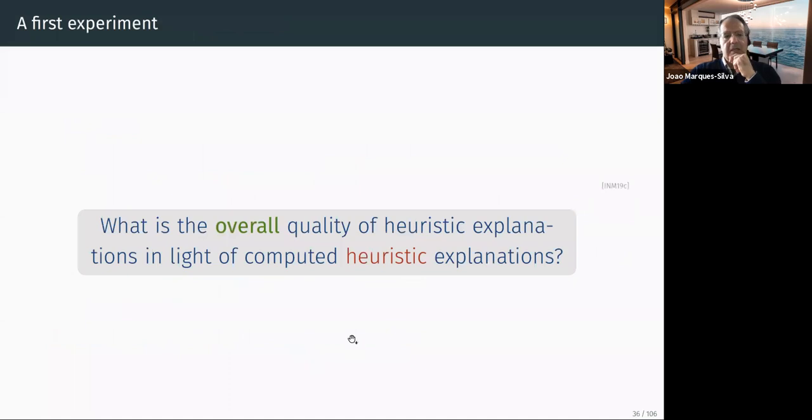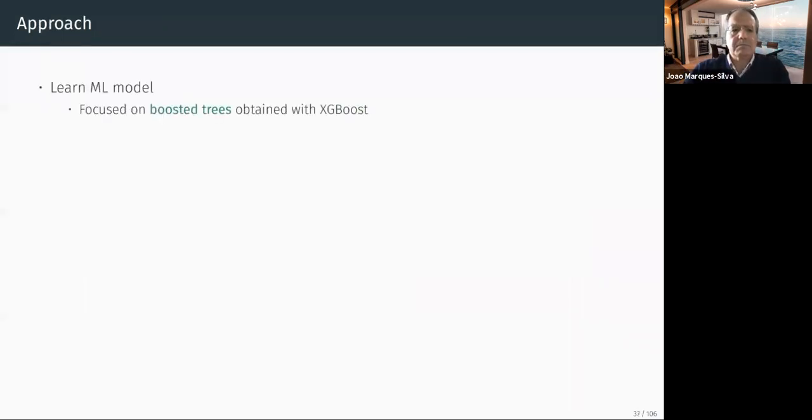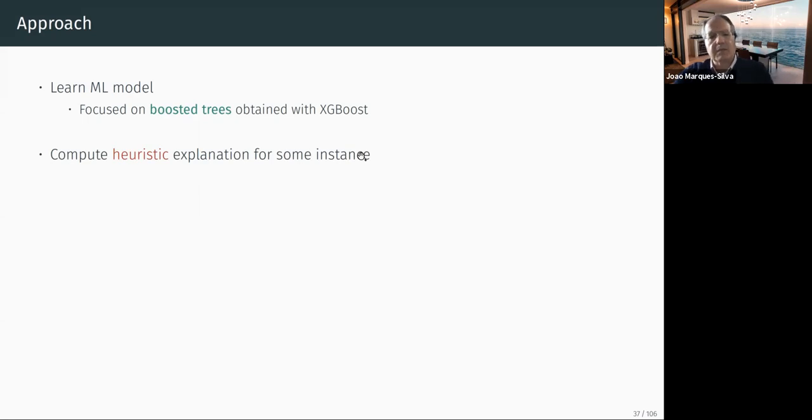So, one of the first experiments we did was the following. We want to measure the overall quality of heuristic explanations, given that we compute that heuristic explanation somehow with Anchor or LIME or SHAP, okay? So what did we do? We learned a machine learning model. We used XGBoost, and we learned boosted trees just as an exercise. We could have used others, but here, as I'm going to show, we got much better scalability. Then we compute a heuristic explanation using LIME or SHAP or Anchor.